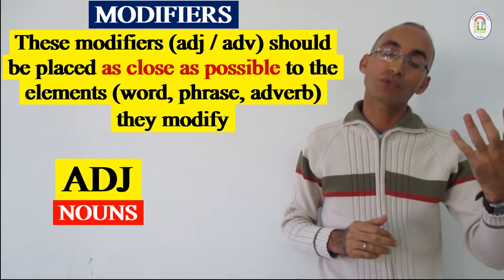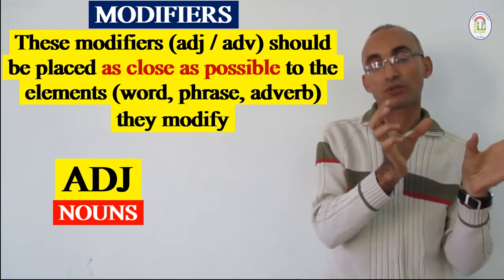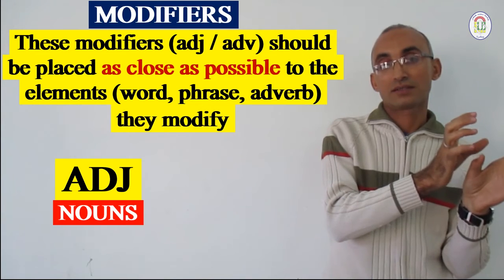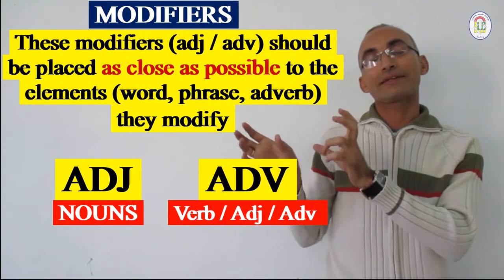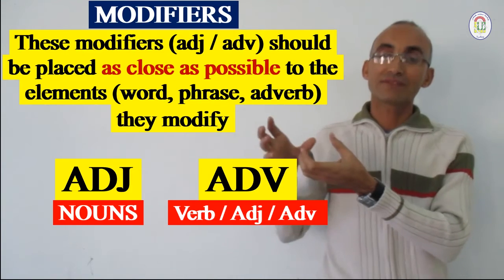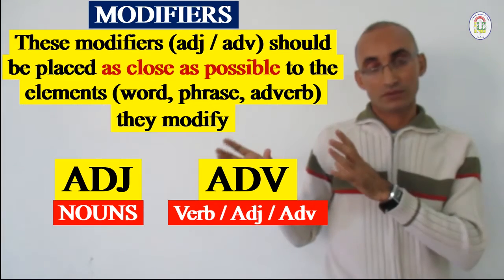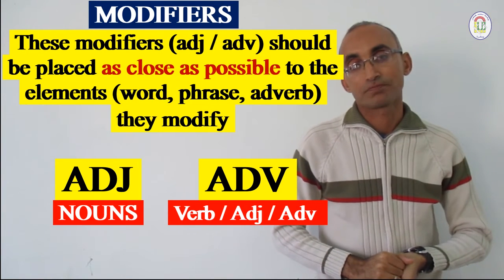For the noun, of course, the adjective should be as near as possible to the noun it modifies, to be clear, right? And also the adverb should be as near as possible to the verb, adjective or adverb it modifies, to give clearer meaning and avoid confusion.